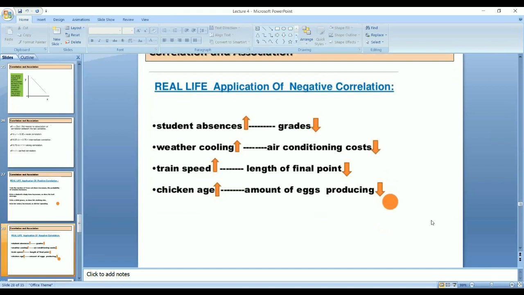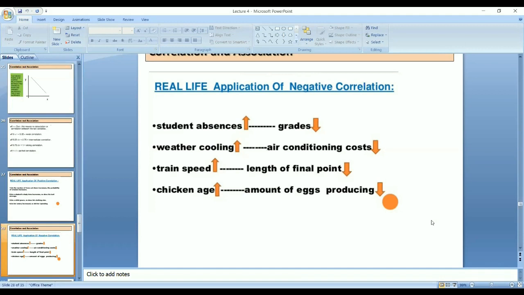For examples of negative correlation: as students' absence increases, their grades decrease. If students are absent from class for a long time, the grade will decrease, so it is negative correlation. As cooling is increased, the air condition cost will decrease.